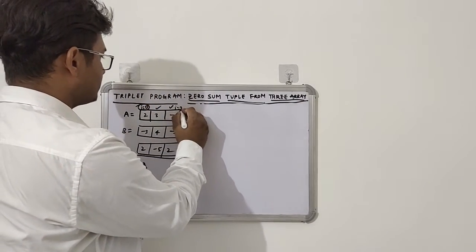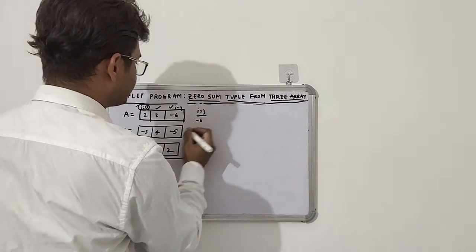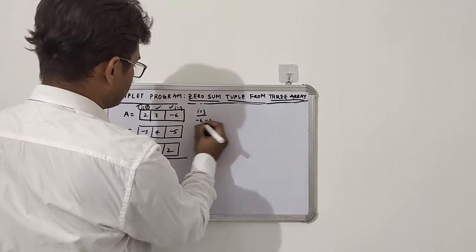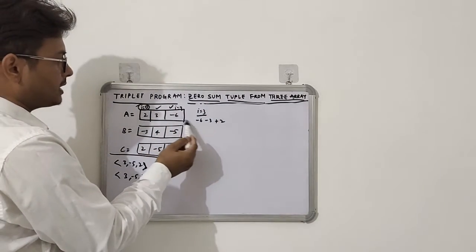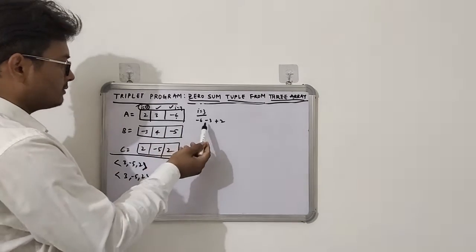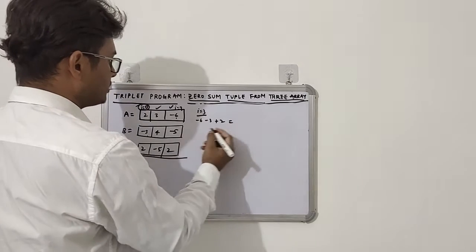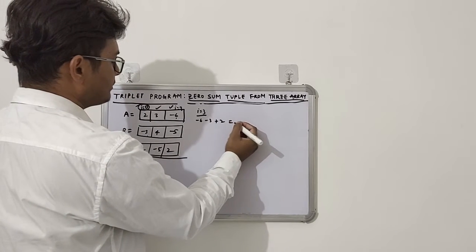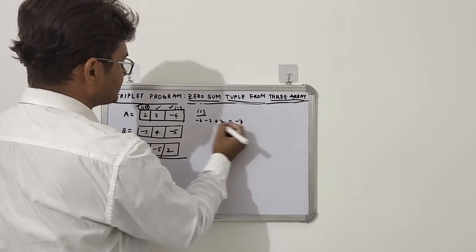Here is i equal to 3. Okay, this will be minus 6 minus 3 plus 2. I took minus 6 from this array, minus 3 from here and 2 from here. Okay, now this sum will be what? This is minus 9 plus 2, this will be minus 7.